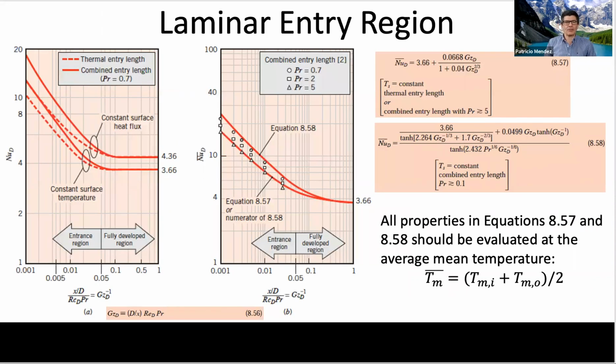For the entry region, there are correlations too for heat transfer in the entry region. And we have these curves, and these are complex to read, and the associated formulas, which we're gonna do one of as an example, they're painful just even to look at, right? But remember, every time you see a formula like 8.58, and you say, I don't even want to look at this formula, just think that before you had felt the pain of reading it, somebody had the pain of writing it.